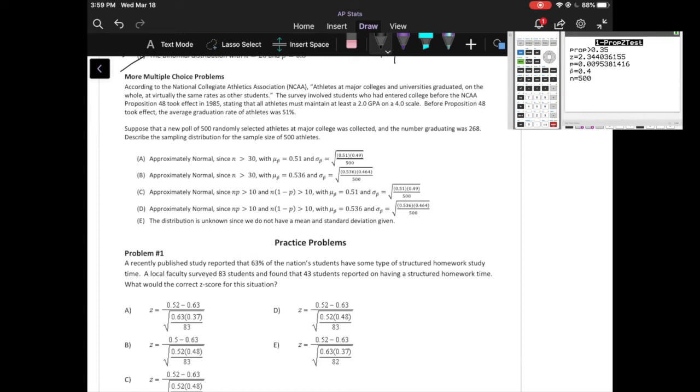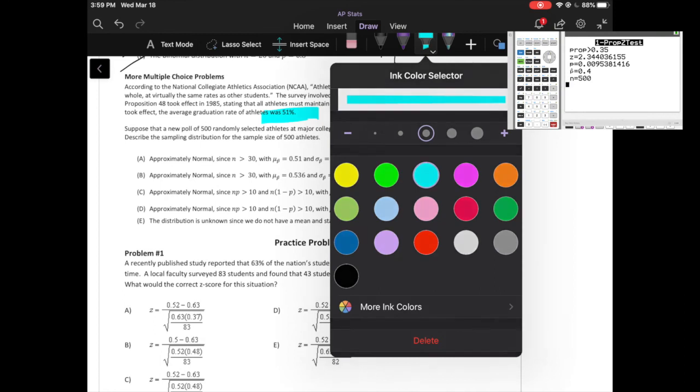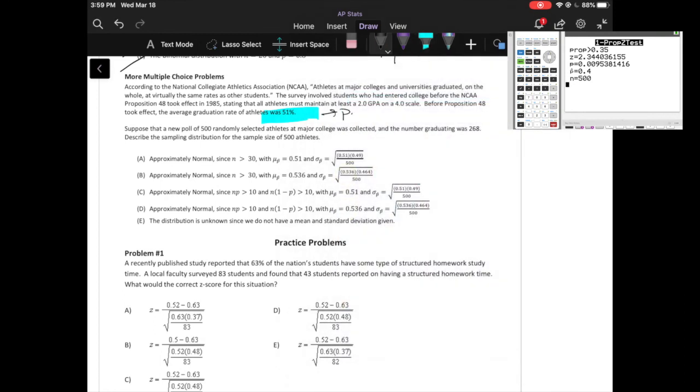But before Proposition 48 took effect, the average graduation rate for athletes was 51%. So this is what they're claiming. This is p naught. Suppose that a new pool of 500 randomly selected athletes at a major college was collected and the number graduating was 268. Describe the sampling distribution for the sample size of 500 athletes. So we know that 268 over 500 equals p hat.